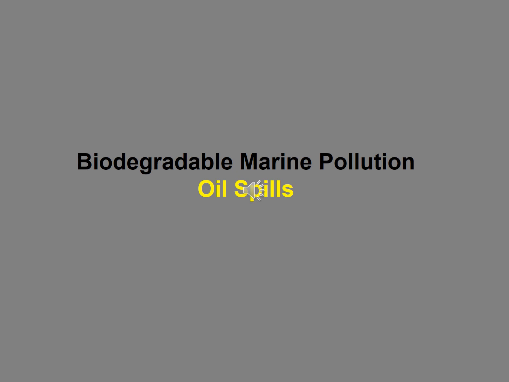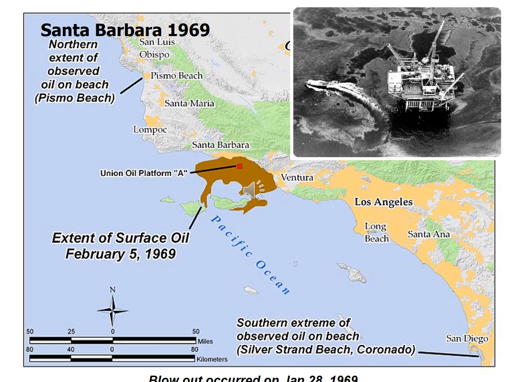And now let's talk about oil spills and a few well-known ones. On January 28th of 1969, on a platform off the coast of Santa Barbara, Ventura area, there was a blowout of a well, and oil started spilling for the next 10 days until February 7th.